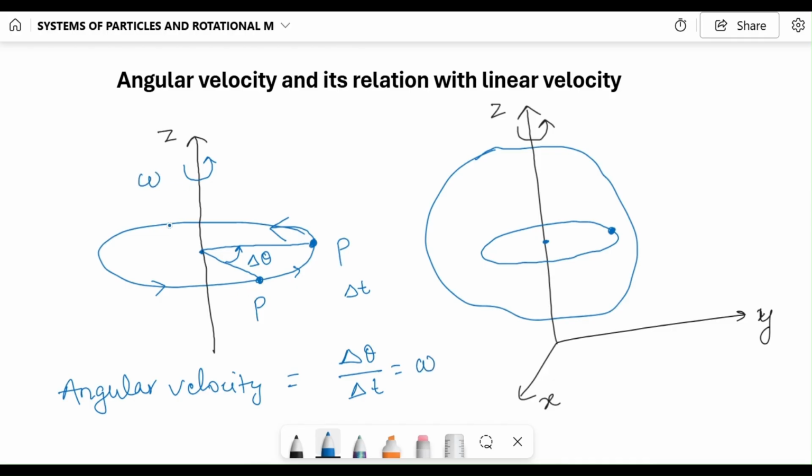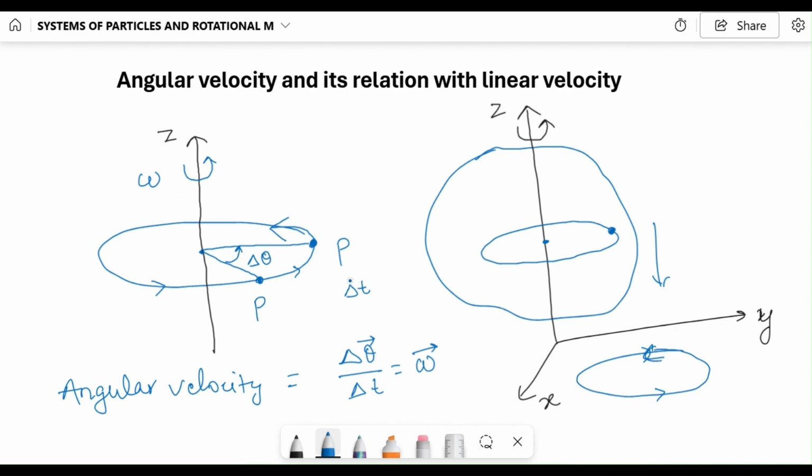So we can write here omega, and as angular velocity is a kind of vector thing, we should also determine what its direction is. So if this body is rotating, and this particle is moving on this circular path, in the xy plane, if you are observing this particle's motion from the top, from this side, it is anti-clockwise.